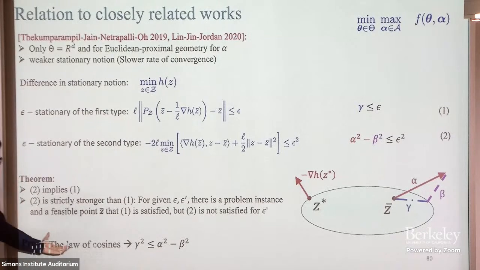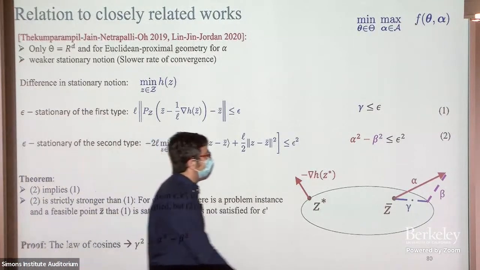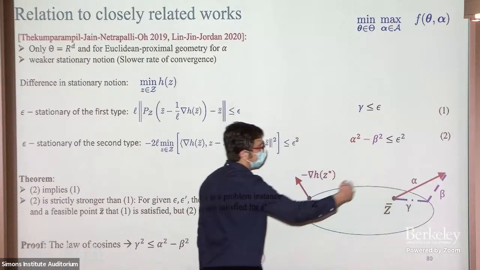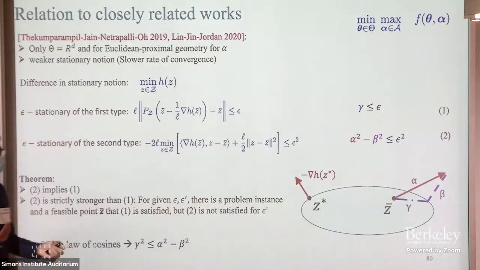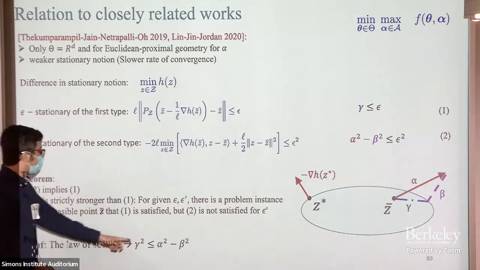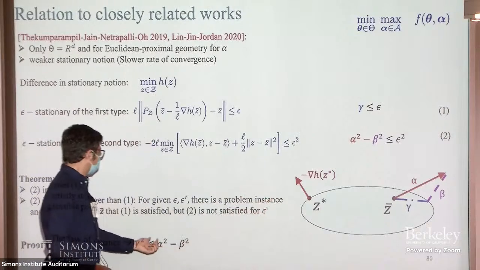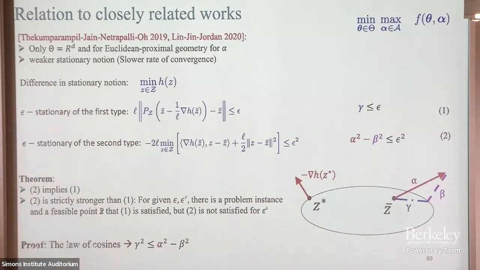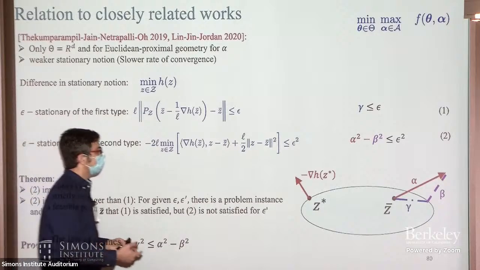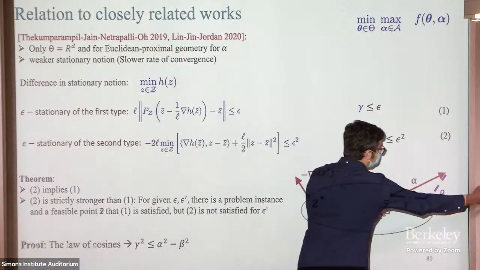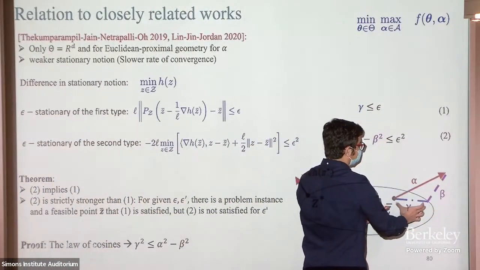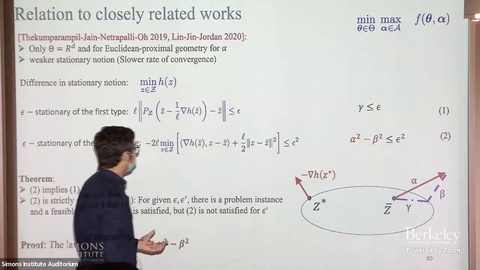You can use the law of cosines because we know that the angle between beta and gamma is obtuse, more than 90 degrees. So alpha squared minus beta squared is larger than or equal to gamma squared. That tells us 2 implies 1. It's very easy to see examples where these are along the same line, and this gap could be very large.